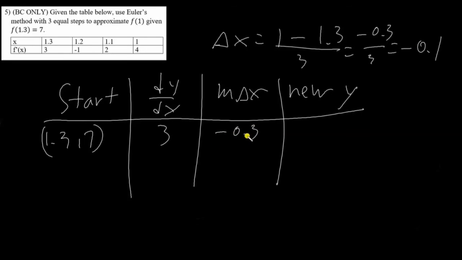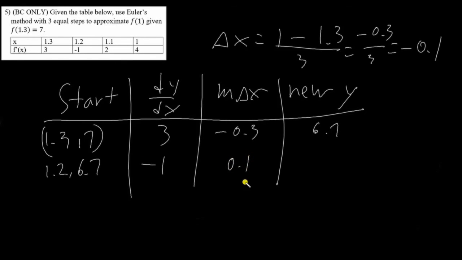And then our new y is going to be this y, 7, plus this, so minus 0.3. 7 minus 0.3 is 6.7. We're going to put that in. So 1.2 comma 6.7. For 1.2, f prime of x is negative 1. Negative 1 times negative 0.1 is positive 0.1.